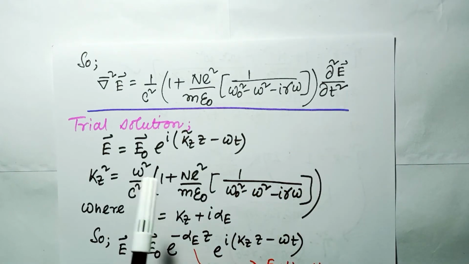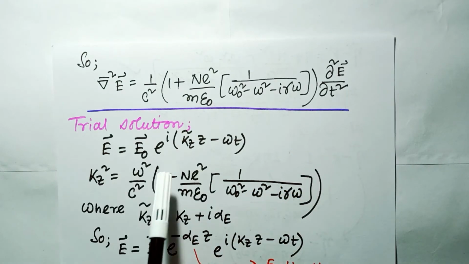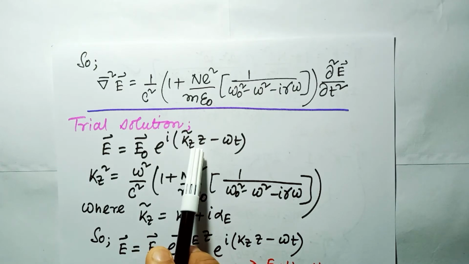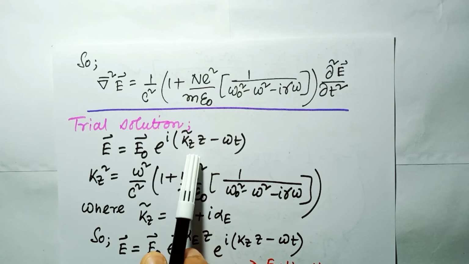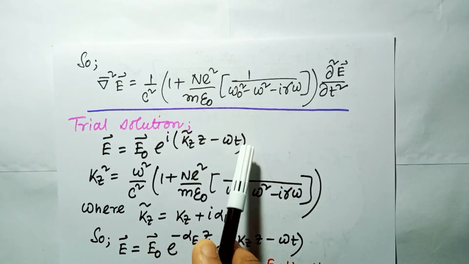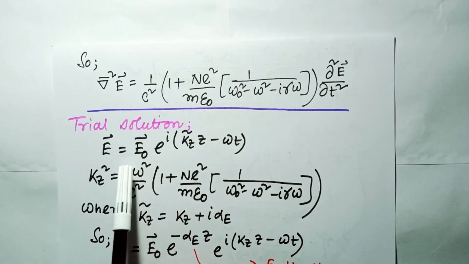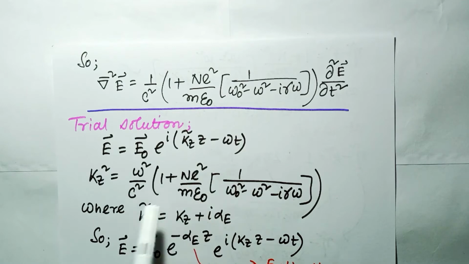The trial solution is E vector equal to E0 vector times exponential i kz z minus omega t, where kz is a propagation constant, which I assume to be complex. Putting this into the equation, we have kz square equal to omega square by c square times this factor.